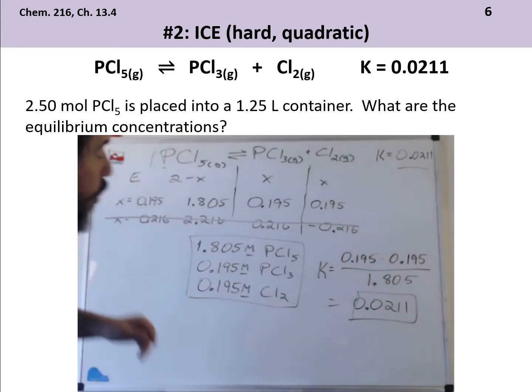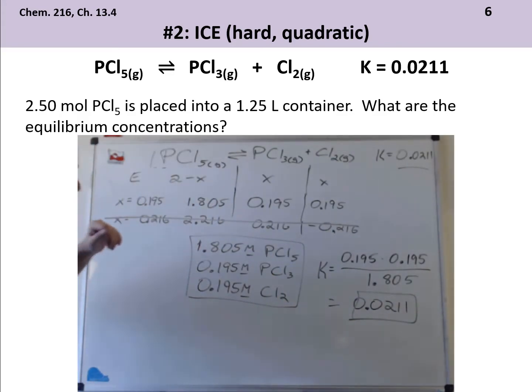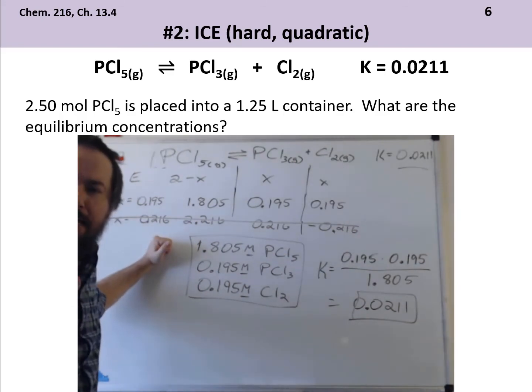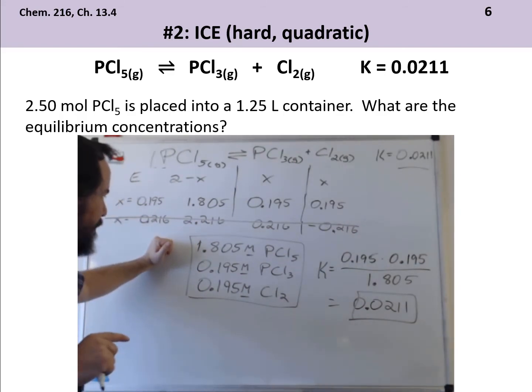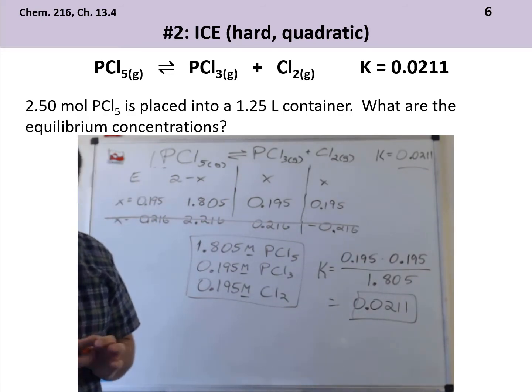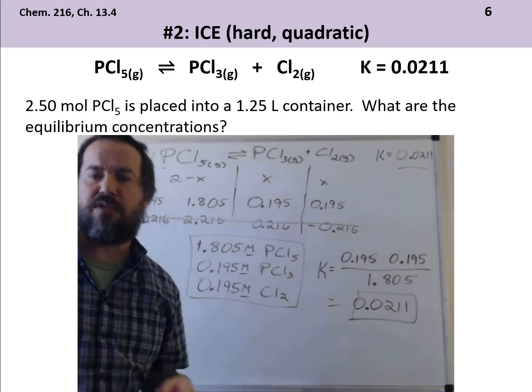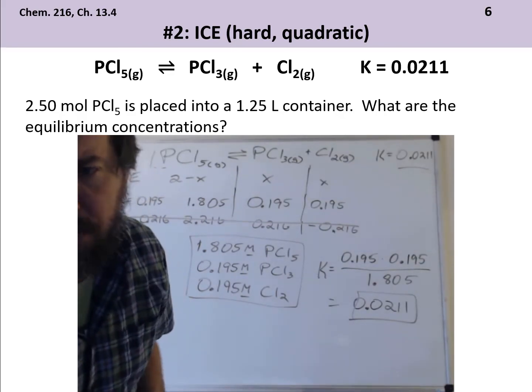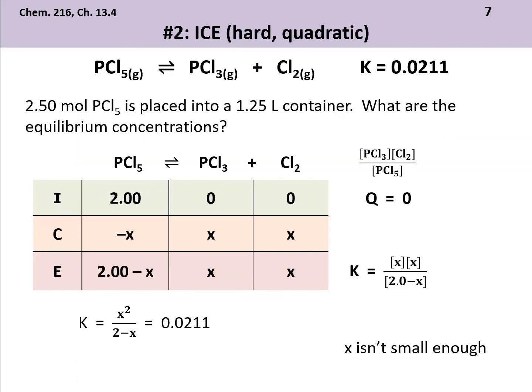There's one last thing I want to do. Remember I said I can't make the assumption, right? I'll do it on the screen and show what would have happened if I had used that assumption. Just to review on the screen, our first step is always to make a nice chart.